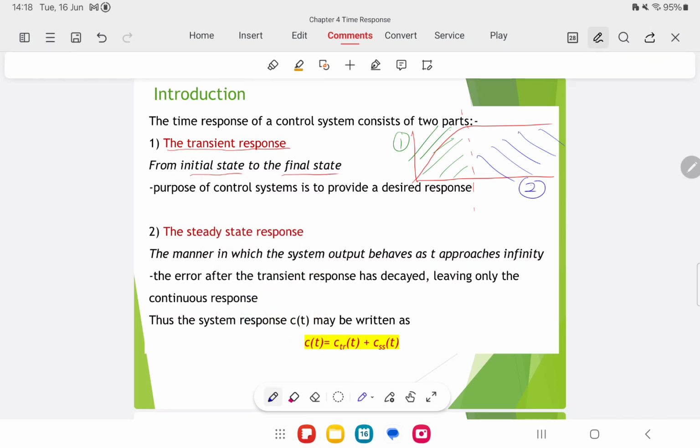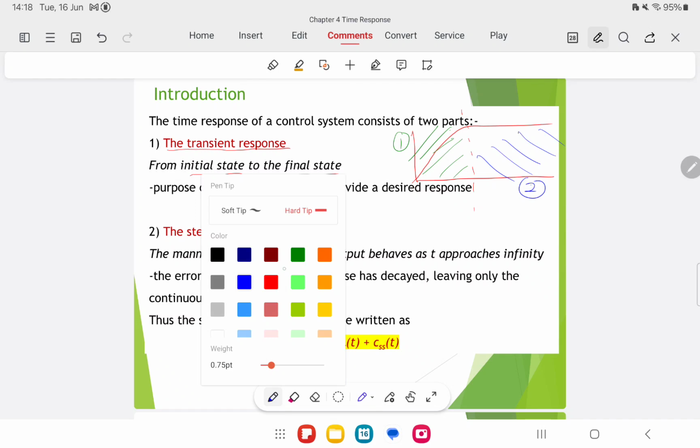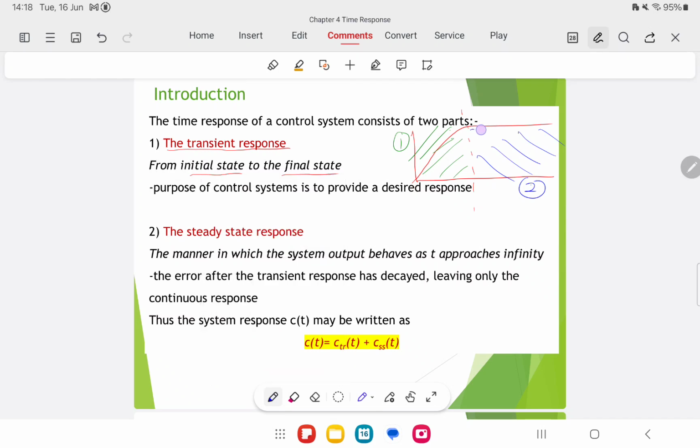Okay, number 1 is temporary response immediately after the input is applied, or we can say that exists before the system become stable. Okay, how we can determine the system is stable or not is dekat belakang ni. When the output is straight line, maksudnya achieve desired output.